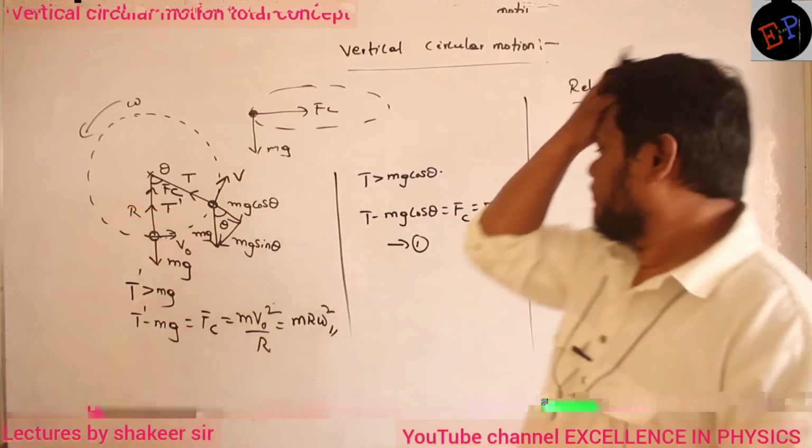Now I want to calculate tension at different positions if I am throwing the body with a velocity of root 5gl. And what is the equation for tension? Tension is equal to mu² by L minus 2mg plus 3mg cos θ. Clear? So this is the equation for tension. Here let us call the tension at the lowest position TL.